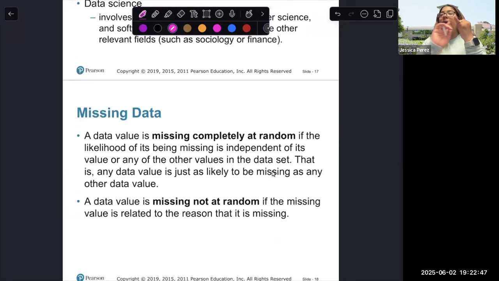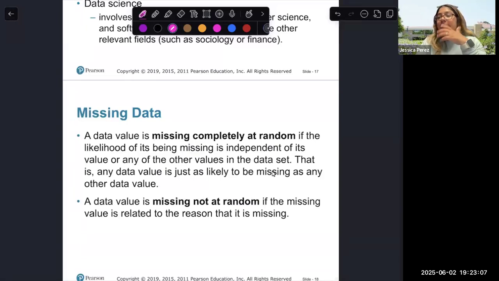So we looked at quantitative data, categorical data, types, levels of measurements. We saw big data, data science, and now missing data. Well, in statistics, there's also room for error where we can have misleading conclusions.